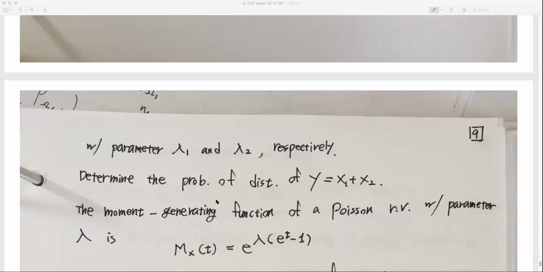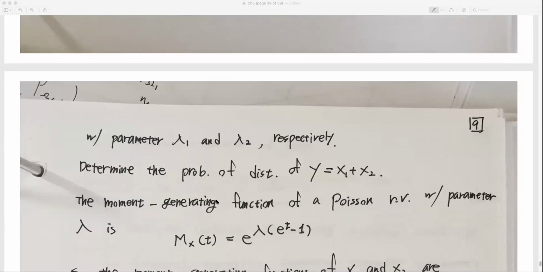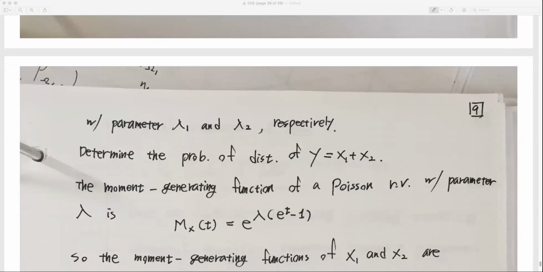So now in this problem, we're going to consider two Poisson random variables with parameters lambda 1 and lambda 2. The question is: determine the probability distribution of Y equal to X1 plus X2.